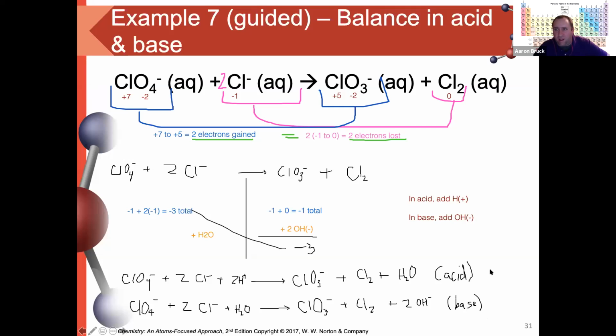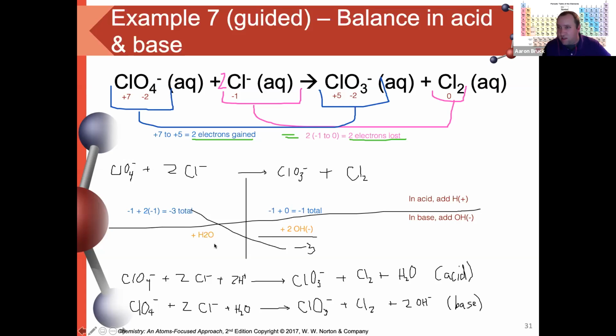So again, the beauty of this particular system is that it works, and up until the very last step, up until this spot right there, where we add the hydroxides or the hydrogens and the waters, it is exactly the same process either way.